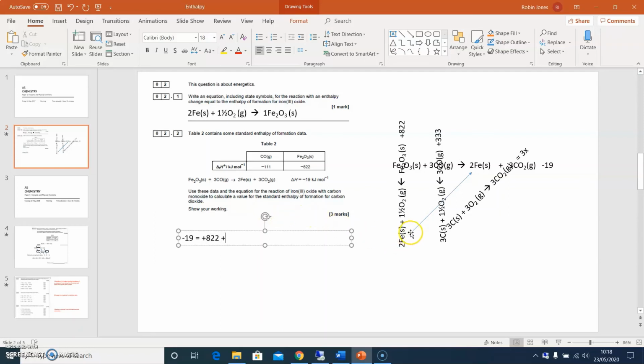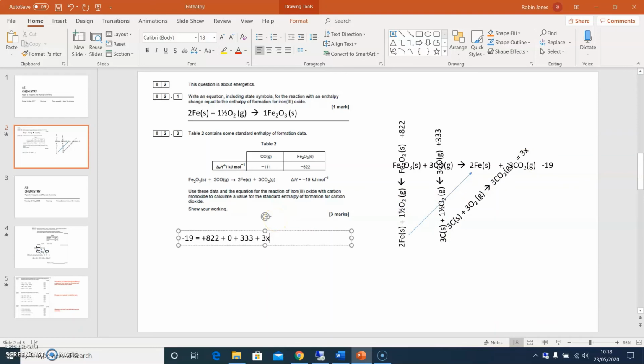This blue one across here is nothing. I'll put a nothing in just to make us happy. Okay, this one down here is a plus 333. And this one coming across here is a 3x.